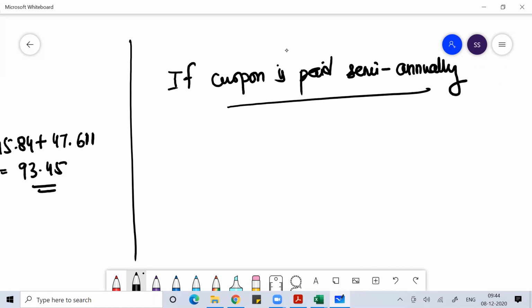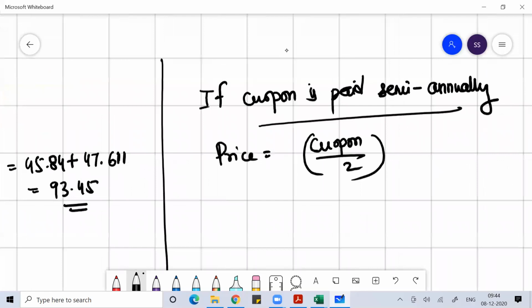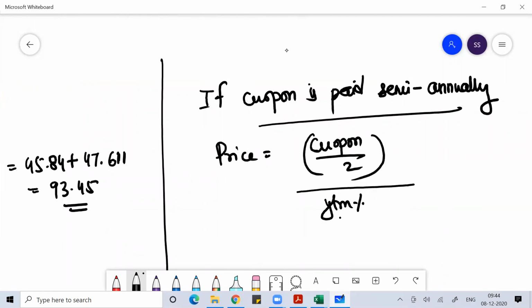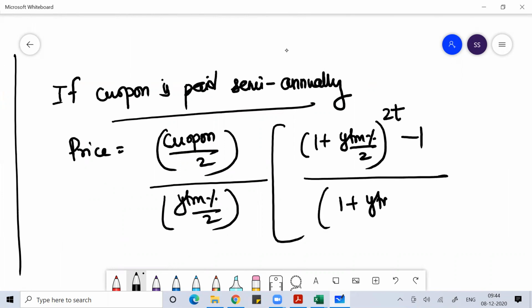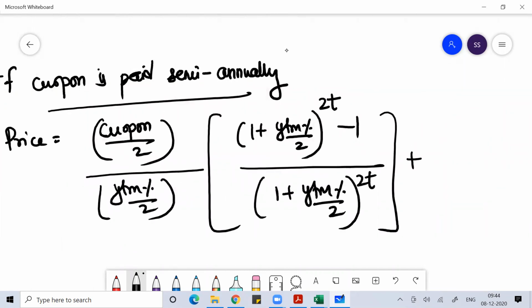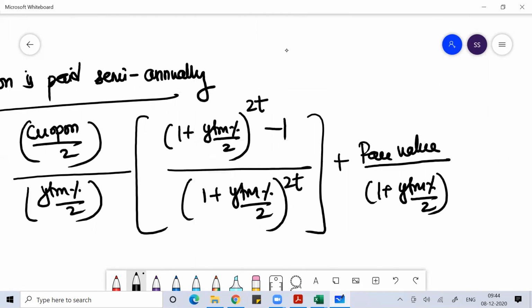Because the coupon is paid semi-annually, you can use the formula: price is equal to C divided by 2, divided by YTM percentage divided by 2, into 1 plus YTM percentage divided by 2 to the power 2t minus 1, divided by 1 plus YTM percentage divided by 2 to the power 2t, plus the face value divided by 1 plus YTM percentage divided by 2 to the power 2t.